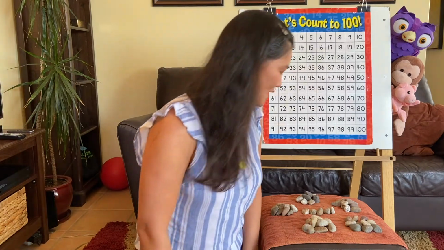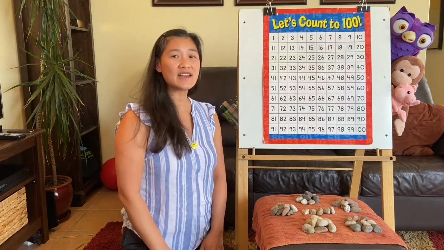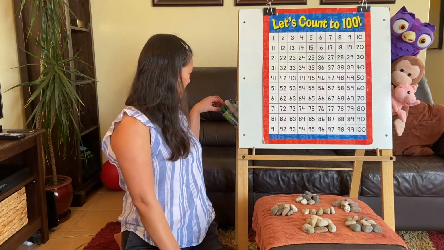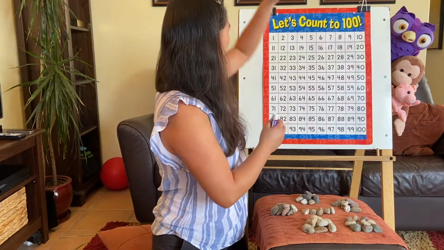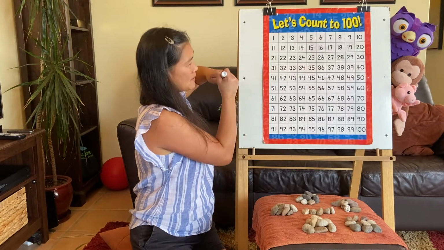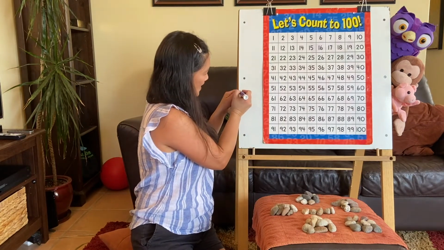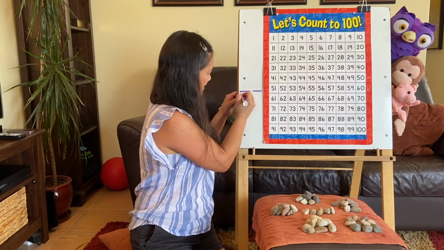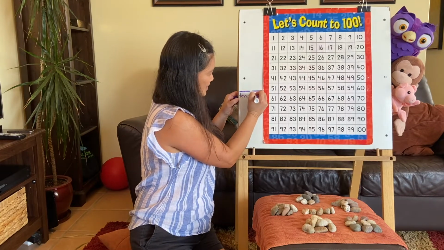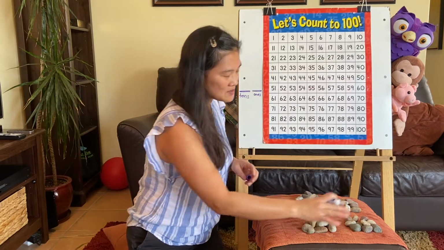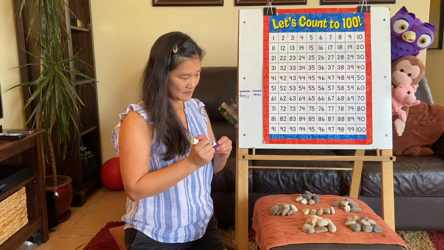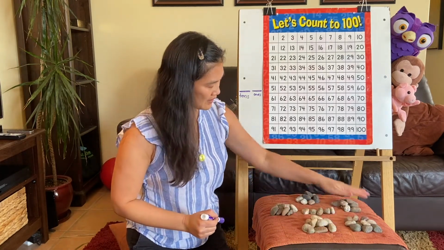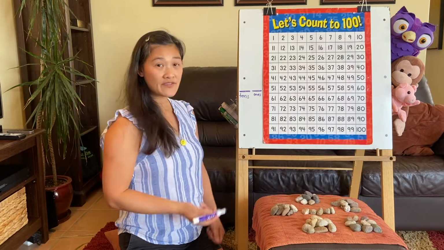All right, and how do we write 55? Well, remember we have 2 digits, right? And the first one is the tens place. And this is the ones place. How many groups of 10s do we have? 1, 2, 3, 4, 5. 5 groups of 10.